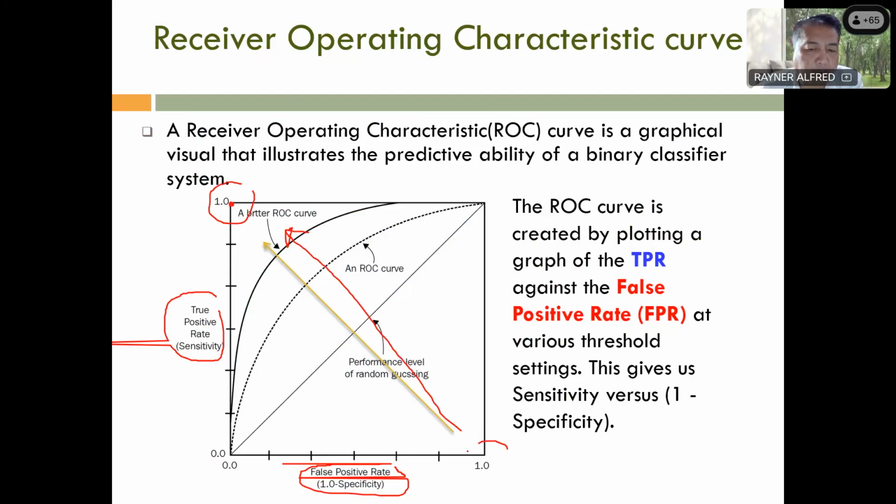We do not want to be here because this is false positive. On the average, we have this line, but all the models that we have, we have to evaluate and plot them. A model which is nearer to this point will be a better model because we have higher true positive. True positive is when your actual is the same as your predicted value.